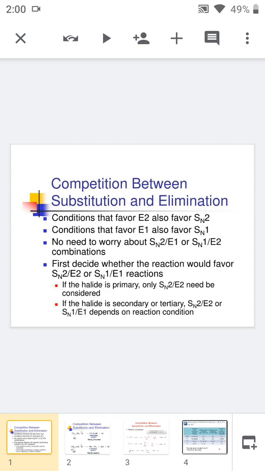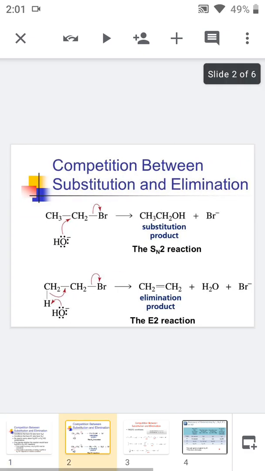In order to avoid the maximum steric hindrance, in the case of a primary alkyl halide, the SN2 or E2 reaction is preferred. Whereas if the halide is secondary or tertiary, SN2, E2, SN1 or E1 can take place depending upon the reaction conditions.